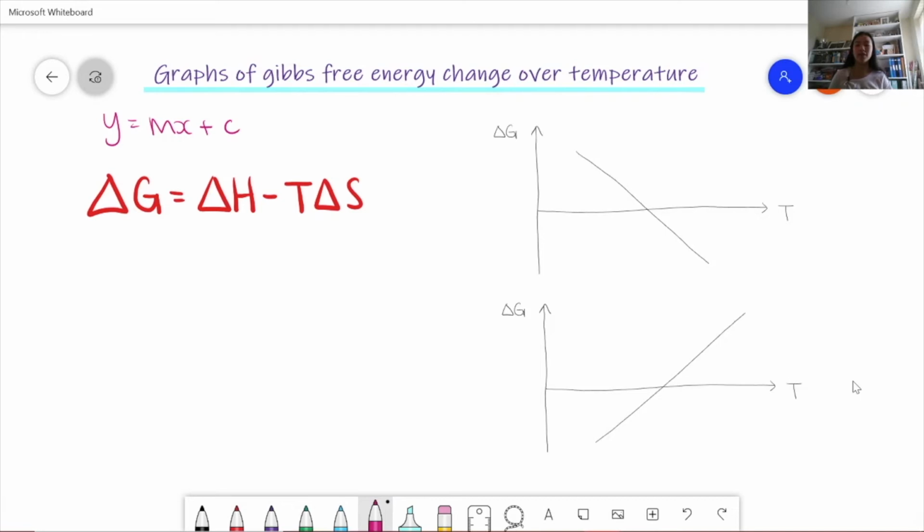plot straight line graphs. What we do is we make the delta G y, and then we have mx here, and then we have a plus c.